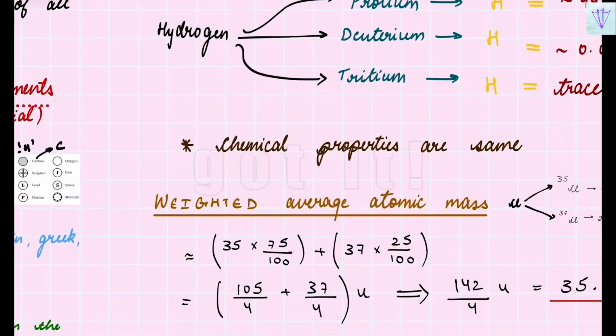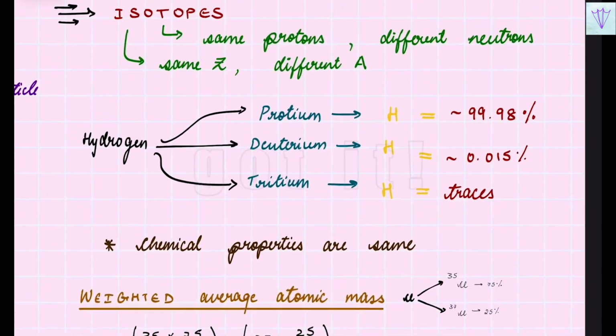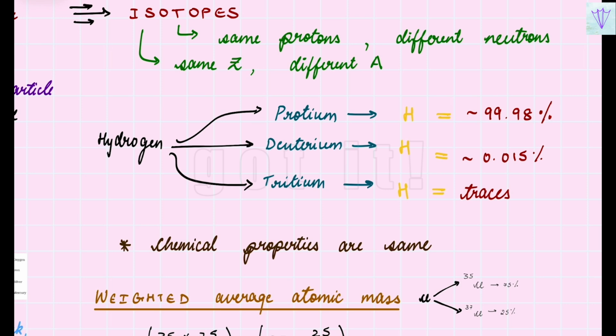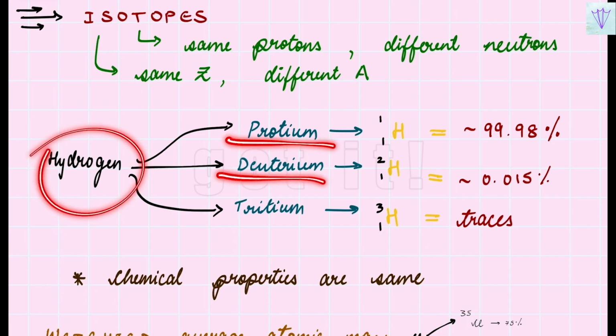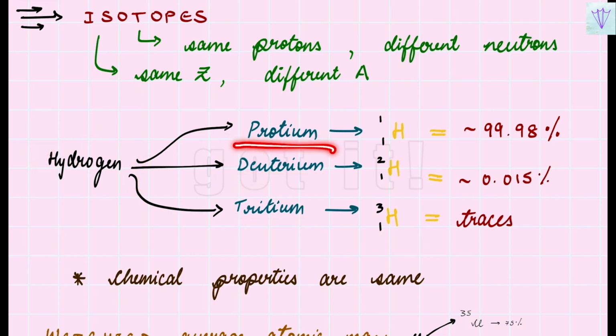Next, moving to isotopes, which is an important part. Isotopes are the ones which have the same protons but different neutrons, in the sense that they have the same atomic number but their mass number is different. If you see hydrogen, we can find 3 isotopes in it, which are protium, deuterium and tritium. Here all the mass numbers are different but the atomic number is 1.